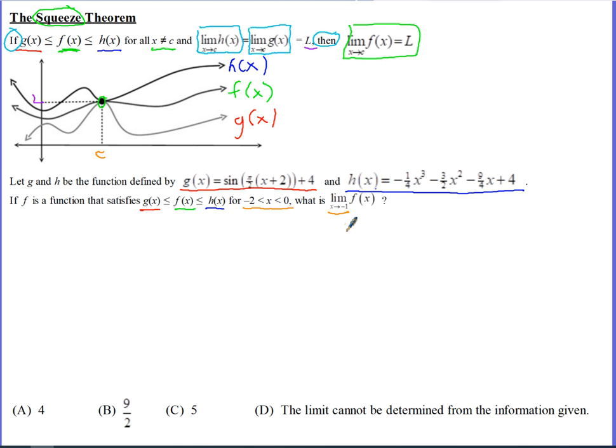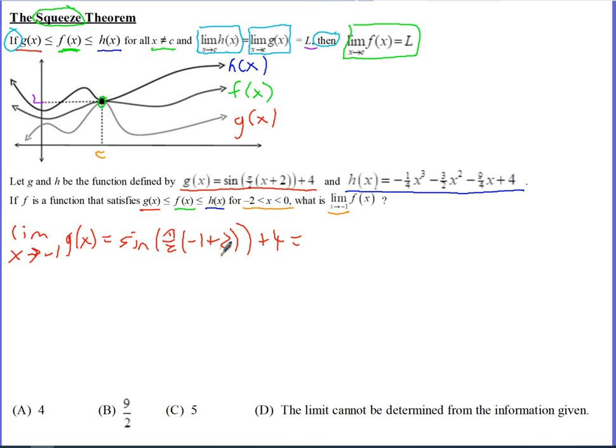So what we have to do is figure out what the limits are of both g of x and h of x. Notice we don't have the function f of x, so using g and h is how we're going to go about figuring it out. So the limit as x approaches negative 1 of g of x is the sine, careful, there's a lot of parentheses here, of pi over 2 times negative 1 plus 2, plus 4.